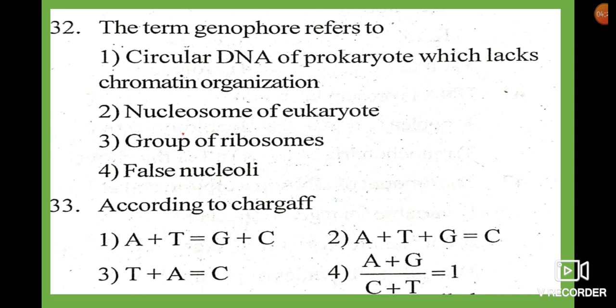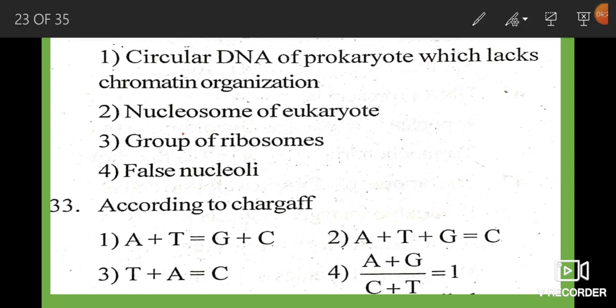So the right option is 1. It is a circular DNA of prokaryote which lacks chromatin organization. So circular DNA is present without chromatin.